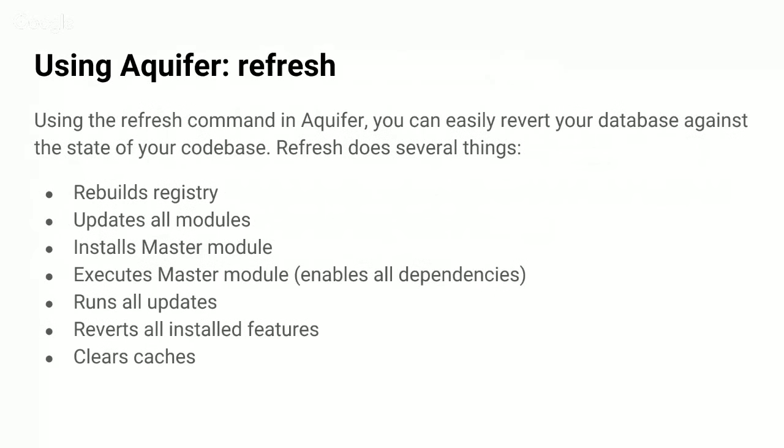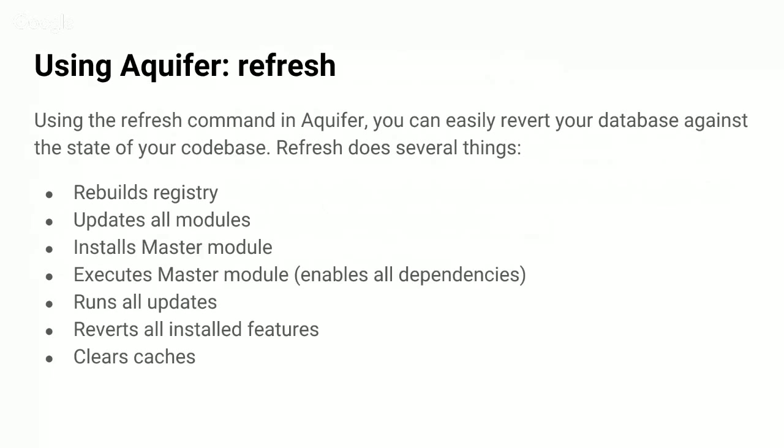So the Aquifer refresh command runs, it rebuilds the registry, updates all the modules. It runs the update hooks for the modules, installs the master module, executes the master module, which enables all the top-level dependencies, runs all updates, and then reverts all installed features and clears the cache.